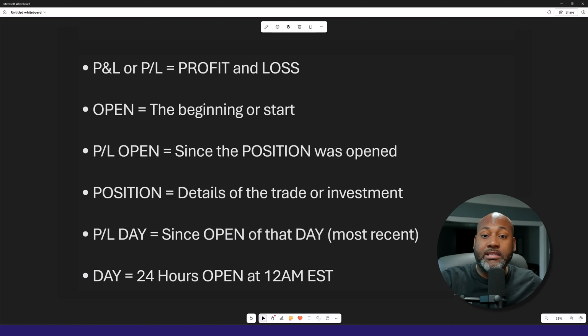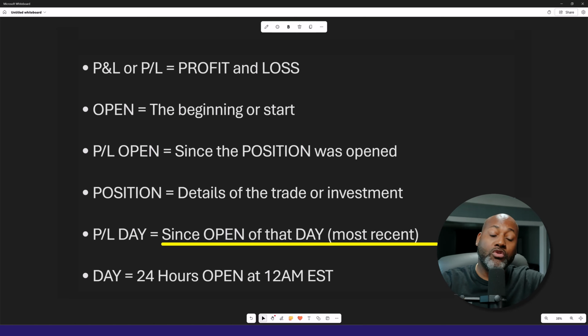So when we're discussing this part about the P&L day, since the open of that day, now we know the most recent that we're referring to. If the market was closed on Friday and it's Sunday, then the most recent trading day would have been the Thursday. So that's what we're going by. Now, your positions are constantly being updated.